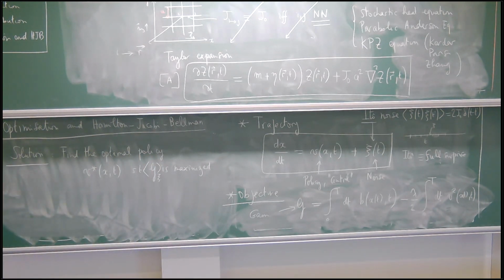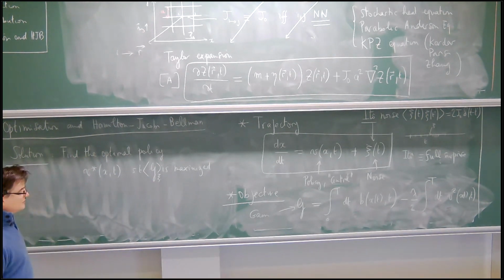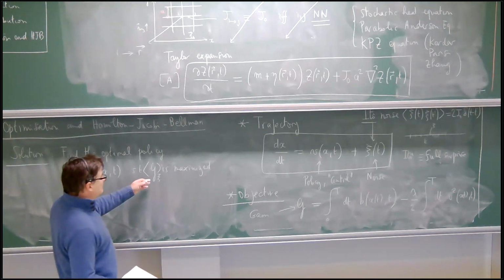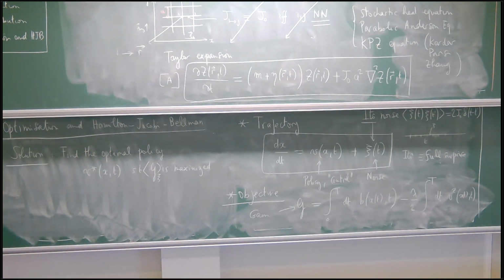So you don't know what psi is, so you can't maximize something that you don't know. So the only thing that you can maximize is something that is averaged over the realization of the noise that you don't know. So that's what we're going to try to maximize, the average gain, average over the realization of the noise psi. Okay?